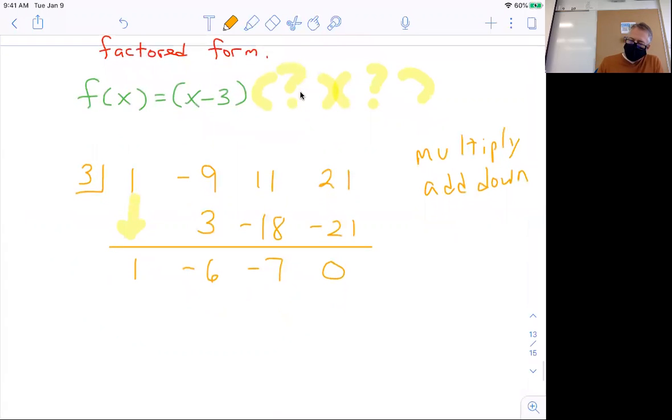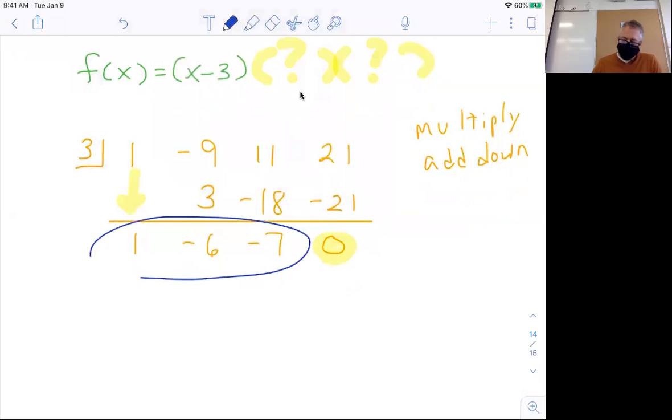So once we get 0 on the end, and we should get 0 on the end, that means that our leftover stuff is a quadratic. Those are the coefficients of the quadratic.